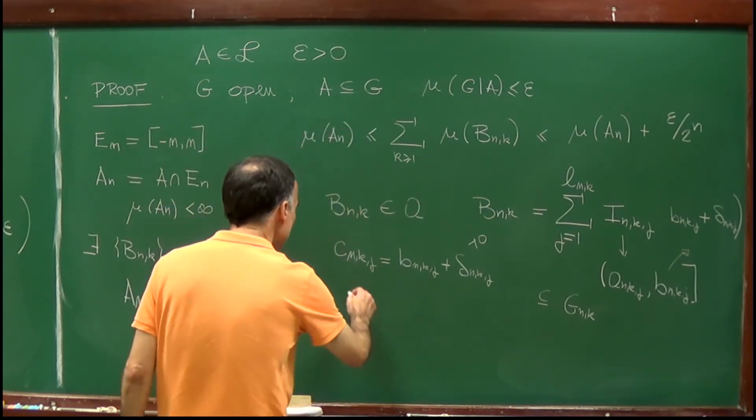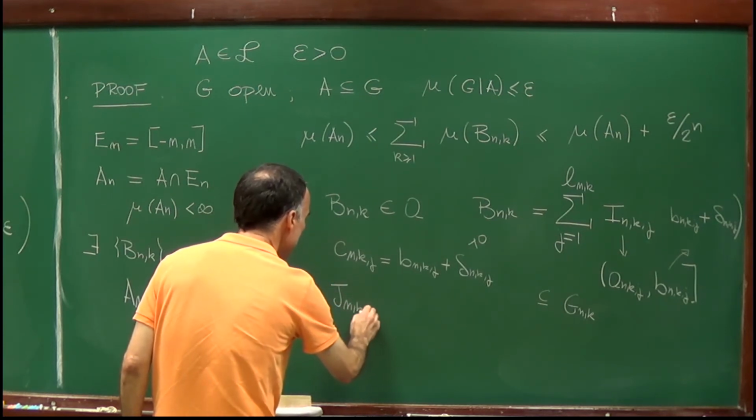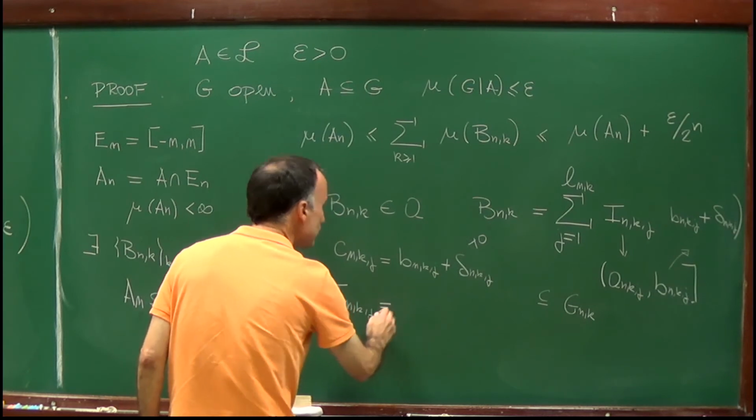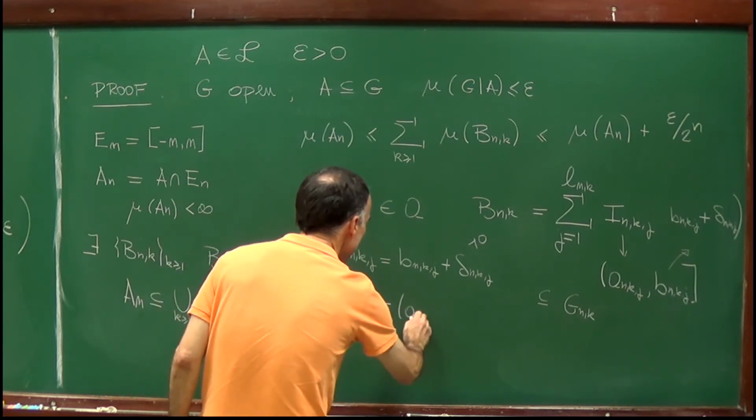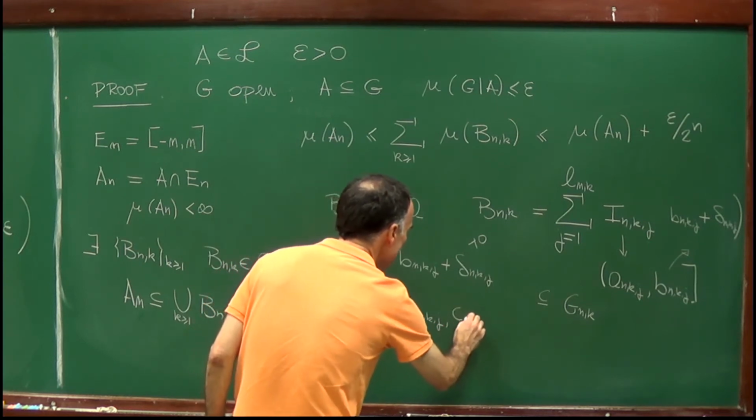So let me call the set G_{n,k,j} the open interval (A_{n,k,j}, C_{n,k,j}).